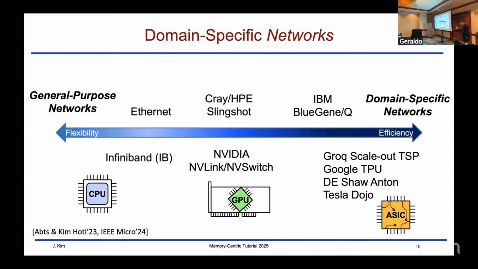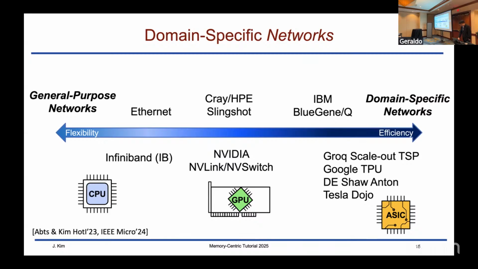They only work in their particular system, and are super efficient for their needs, but not applicable to everything else. You could think of the networks built by NVIDIA as somewhere in the middle. That provides a little more flexibility, but maybe not the same amount of efficiency. Given that we're in the area of domain-specific architecture, it makes sense to consider what domain-specific networks would look like as well.